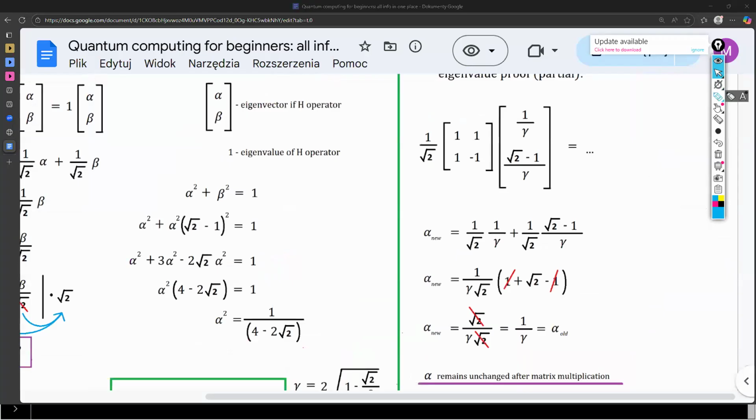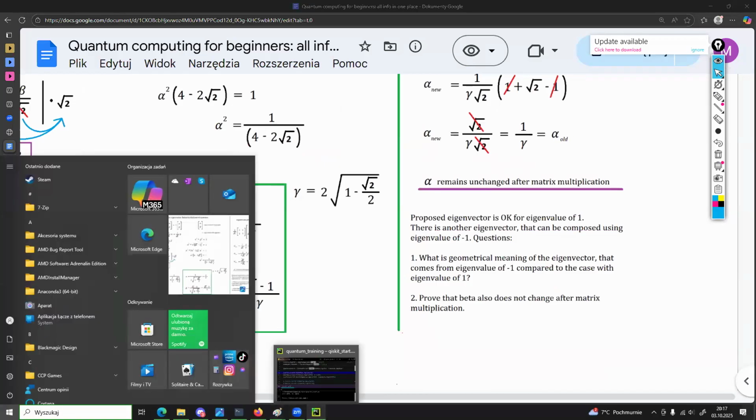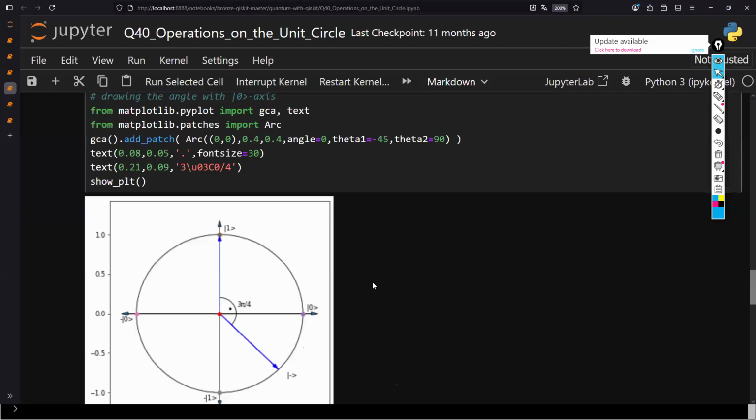You could do this for yourself later on. But then there is another proof, that you could also do the same thing in the other direction. So this is one eigenvalue from what I have shown you.